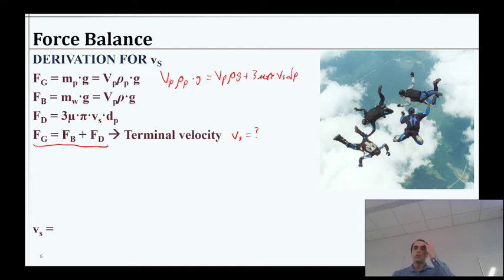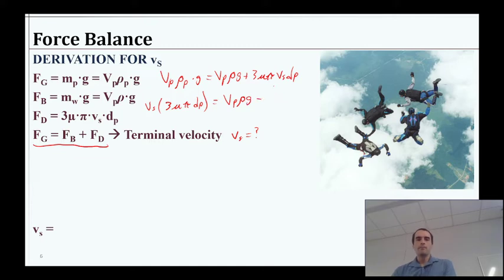Okay, so I'm going to go ahead and get the Vs term by itself. I'm going to move that over to one side, and we'll have Vs, I'll leave it in this part for now, 3 mu pi dp equals V particle times density of the particle times gravity.